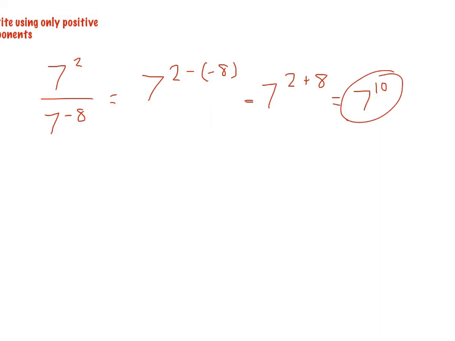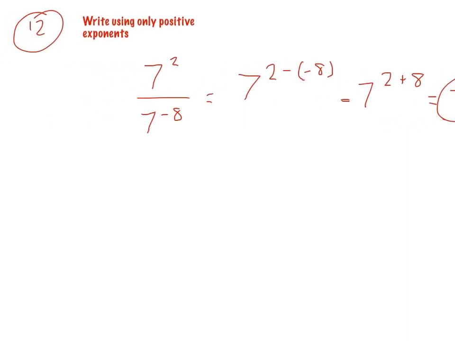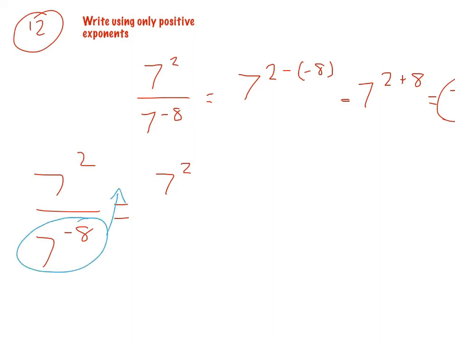All right, so there's one way of doing it, but what's the other way? Can you figure it out? Well, remember that anything with a negative exponent in the denominator can be moved up, and you make that exponent positive. So I'll rewrite the whole problem. This could be rewritten as 7 squared, but now we have to move this guy up and get rid of the negative sign.